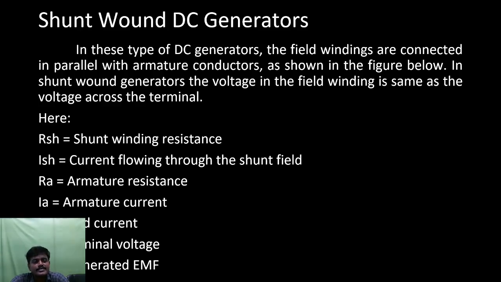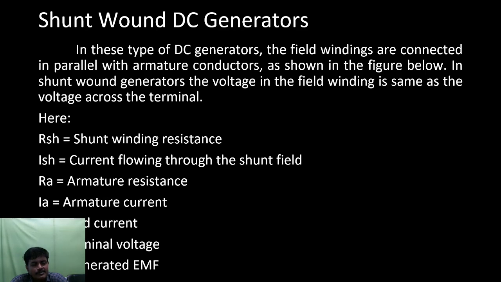The next topic is the shunt wound DC generator. In this type of DC generator, the field windings are connected in parallel with the armature conductors, as shown in the next slide. In a shunt wound generator, the voltage in the field winding is the same as the voltage across the terminals.